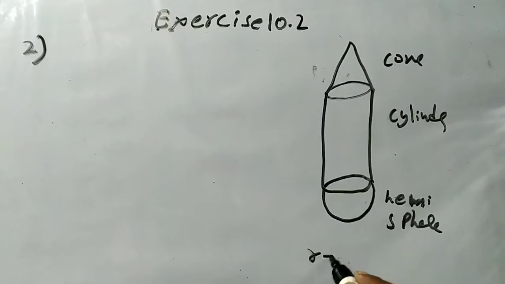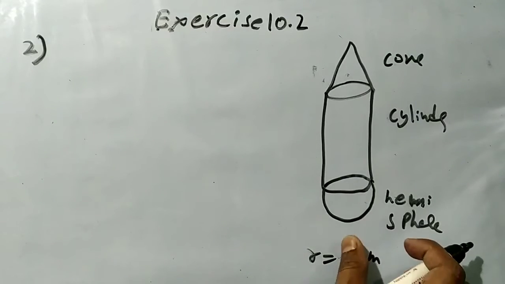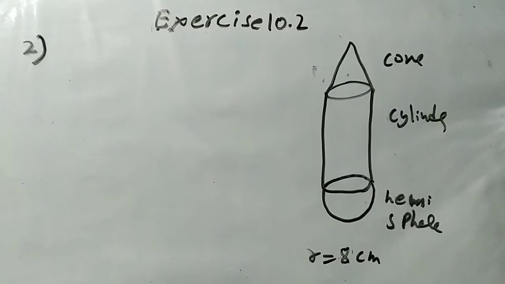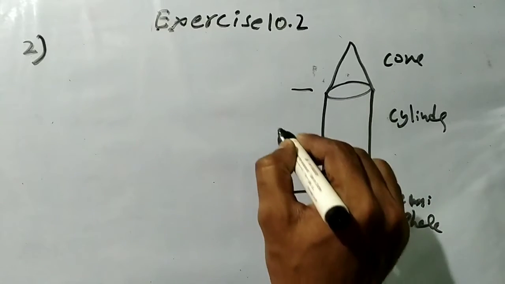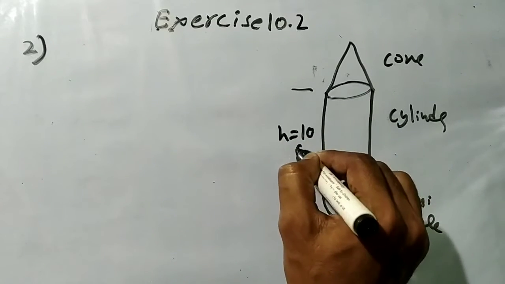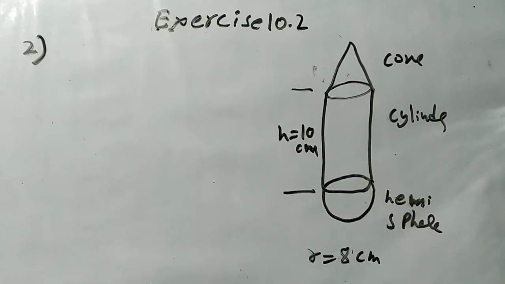So 8 is equal to the radius, and the height of the cylinder is 10 centimeters. H is equal to 10 centimeters. And here the conical portion is nothing but a cone.